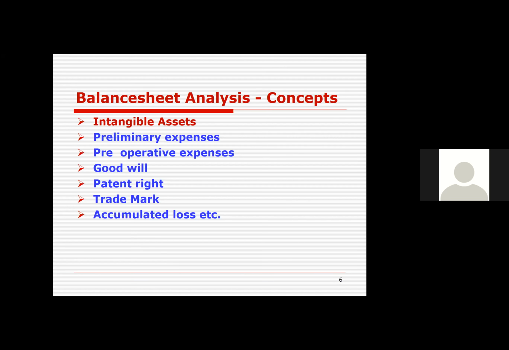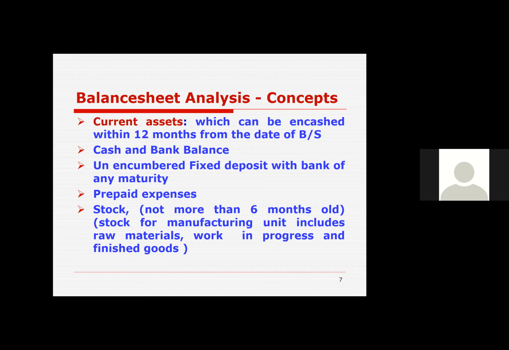So fixed assets we saw, non-current assets we saw, then intangible assets we have now seen. Now current assets. What is a non-current asset? Opposite to that is the current asset. Non-current assets are those which the firm will get after 12 months from the date of the balance sheet. If it is going to get it within 12 months from the date of the balance sheet, it is called a current asset.